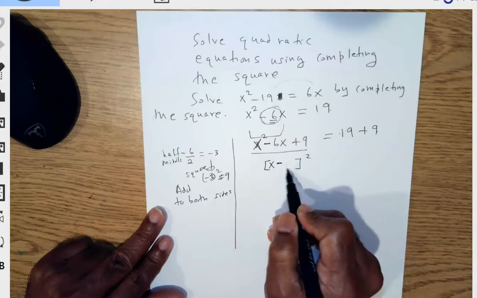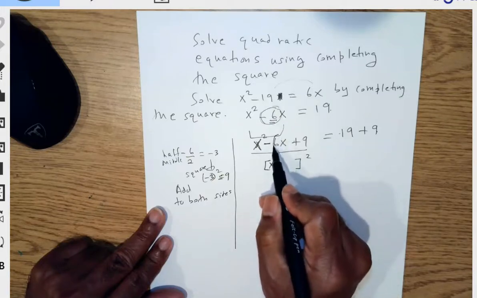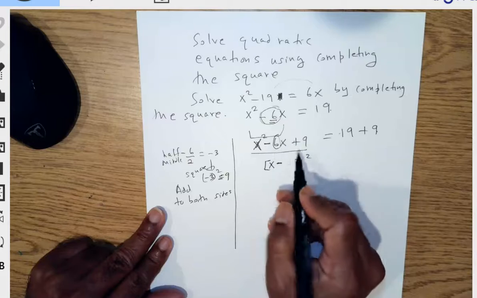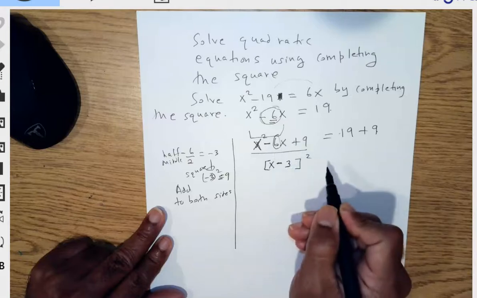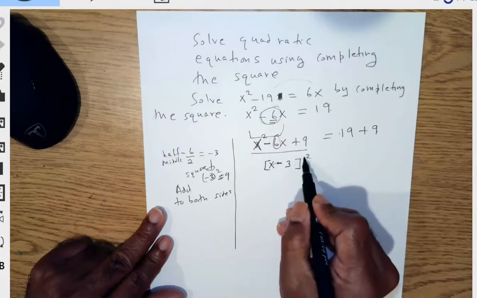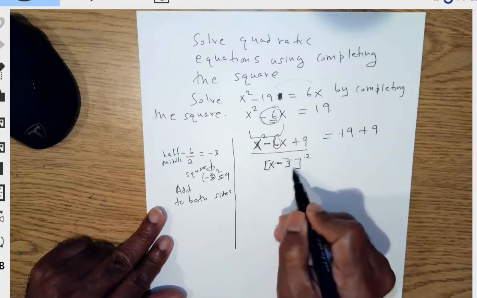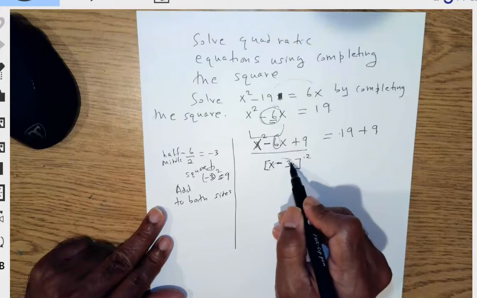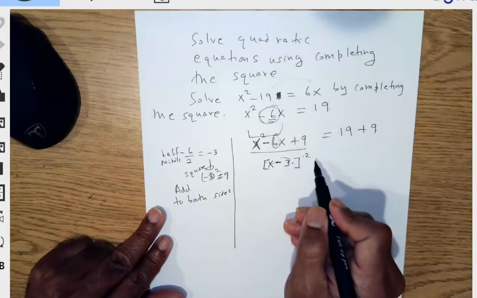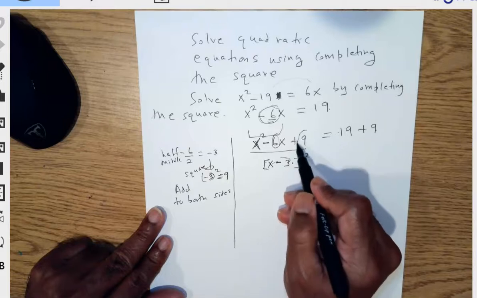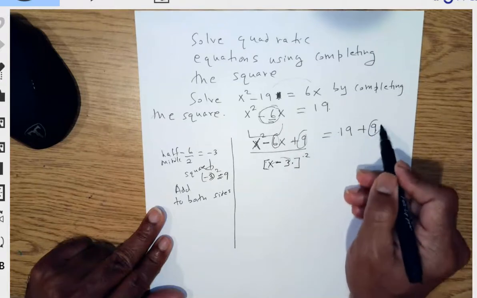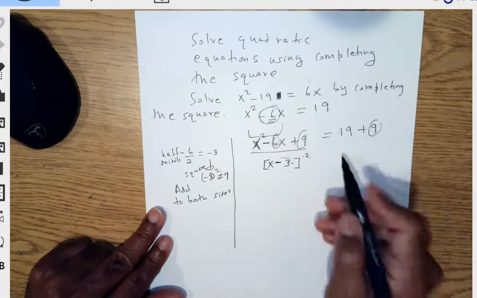And then the second term comes as half of the middle term, which is 3. And you can check it for yourself, because if you expand this, you get x squared, and then twice the product, so negative 6x, and then plus the square of the third term, which is 9. So it is not really magic, because we added this onto both sides as a kind of reverse engineering for this to happen.